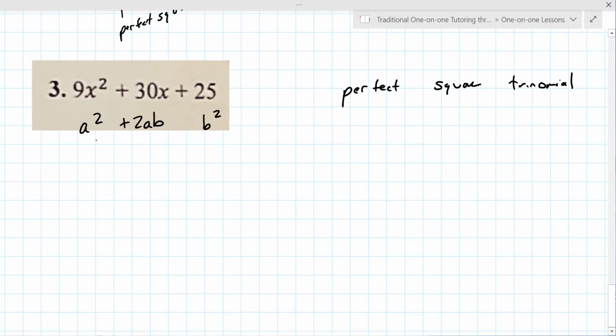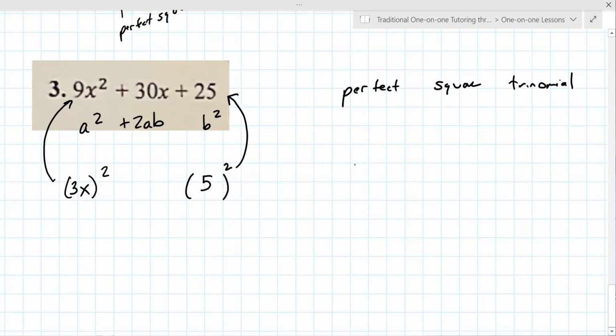So what number squared gets you back to 9? 3, right? 3 squared gets you to 9. And then x squared gets you back to 9x squared. So what squared gets you back to 25? That's 5.